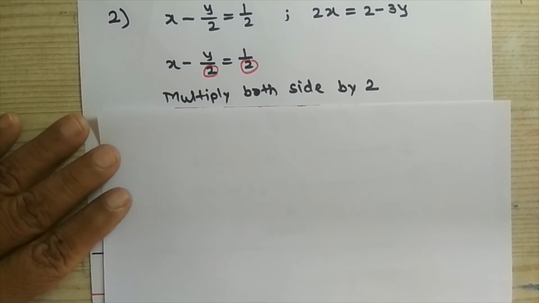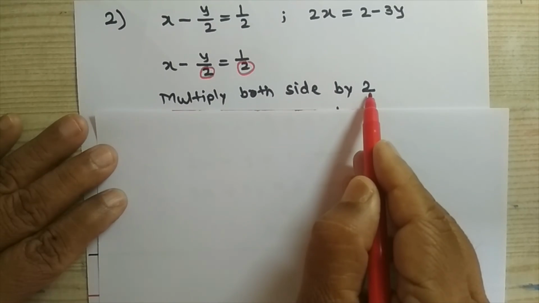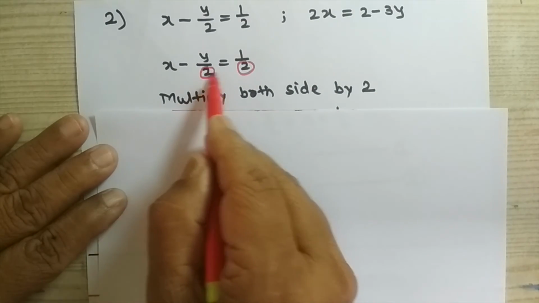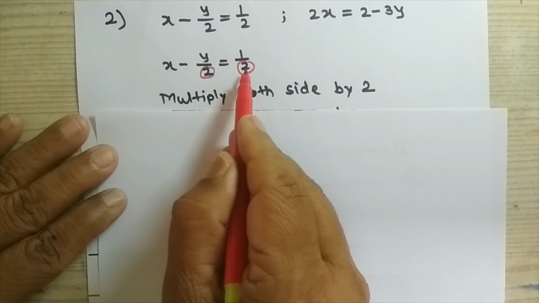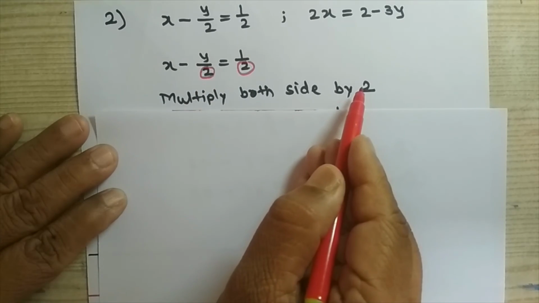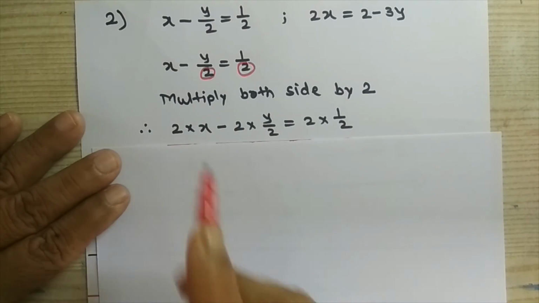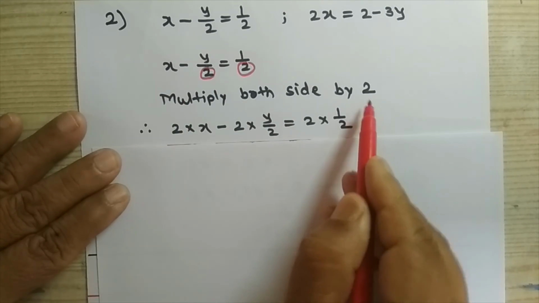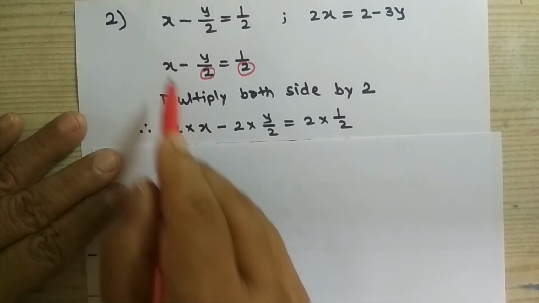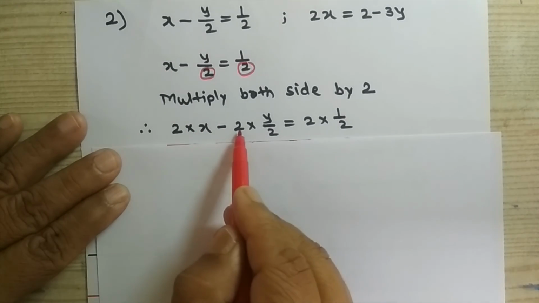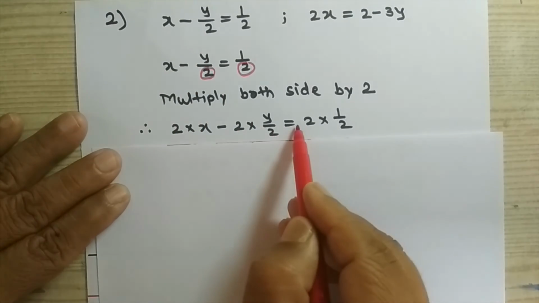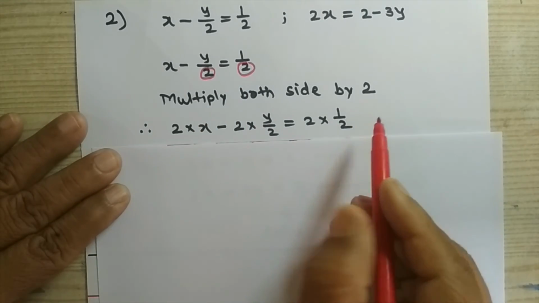We have to write there, multiply both sides by 2. Why do we multiply by 2? Because there is 2 in the denominator. Its LCM is 2. See here how we multiply. 2 into x, that is the first term, minus 2 into y upon 2 is equal to 2 into 1 upon 2.